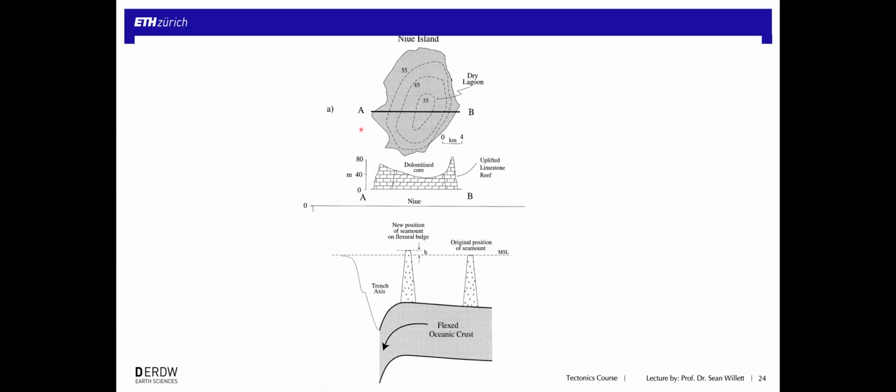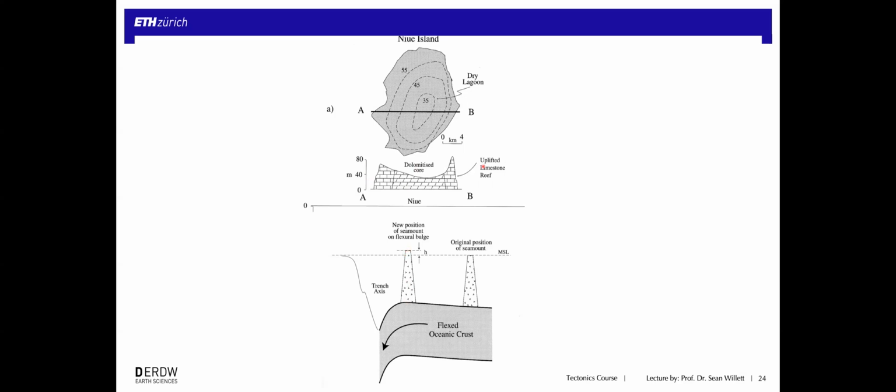Other observations that come out of this are things like little seamounts that are being carried towards the trench. If there's a seamount that actually comes up to the surface, what happens to that? Well, you often get limestone reefs forming on top of it that might be dolomitized, but at this point they're simply forming as reefs. But as this seamount moves with the plate towards the bulge, it will in fact get uplifted.